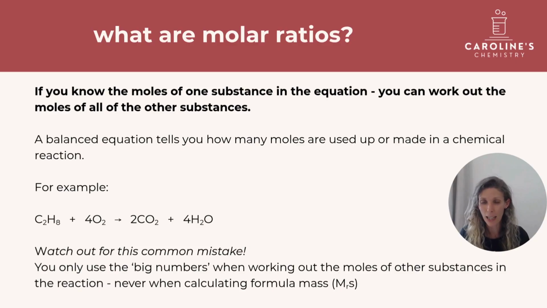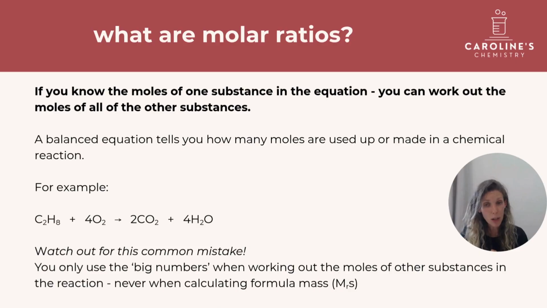Let's look at this example here. So here we have C2H8. Now there is no big number in front of that, which means it's a 1. The big number is 1, we just don't write it in. And one of those C2H8 will react with 4 oxygens. That's what that big 4 means, a 1:4 ratio.